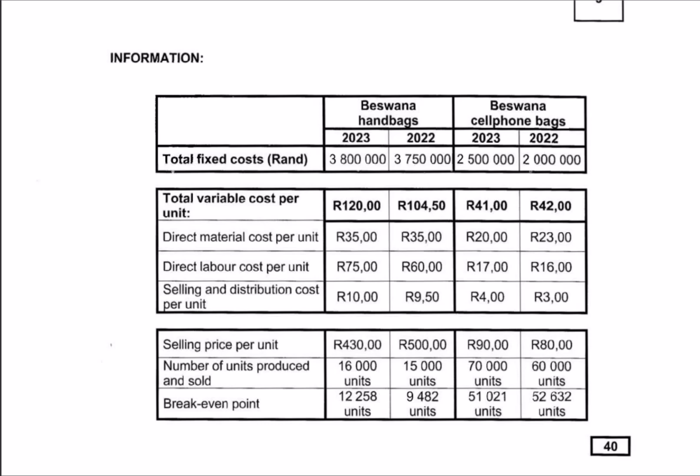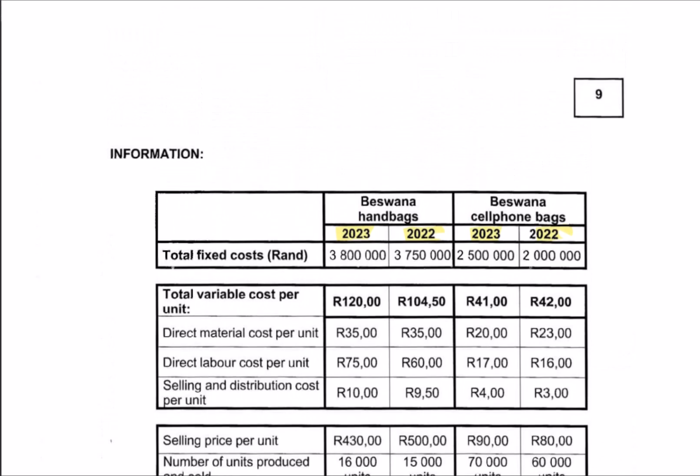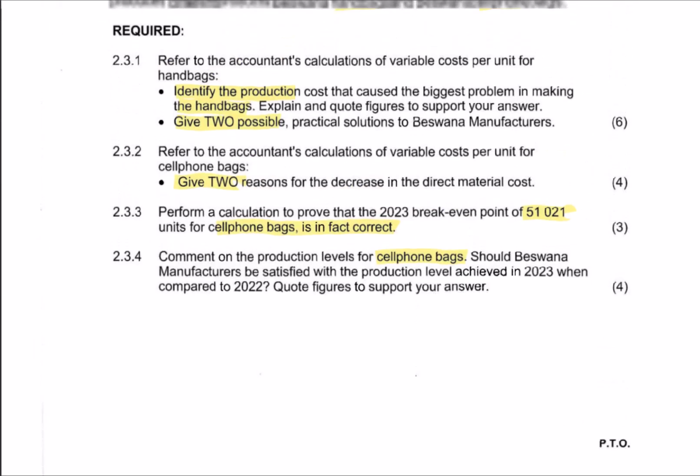Right, so that's what you have there. Then we are given 2 years, 2022 and 2023, for both cell phone bags and handbags, right, and we are given the break-even point for all of them. Right, so let's try and answer the questions. Just a straight 9 marks. How many marks is this?